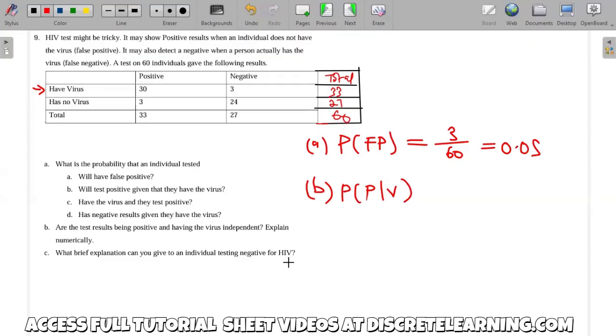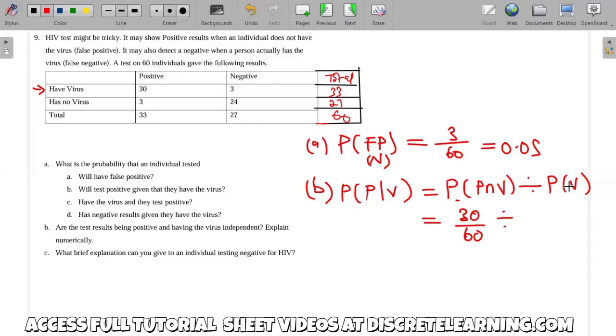This false positive here, you can also indicate it by n if you want. So this will just be the probability of positive intersection virus, divided by the probability of virus. So what is in the intersection of the positive and the virus? Positive is here, virus is there. So these lines meet here. So that is 30. So it will be 30 over 60 divided by how many have the virus, the total.